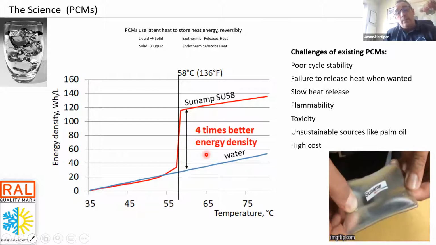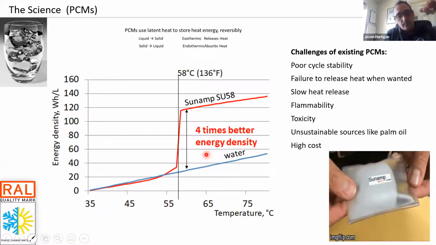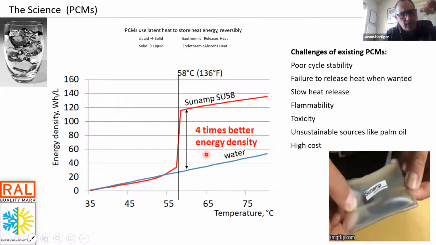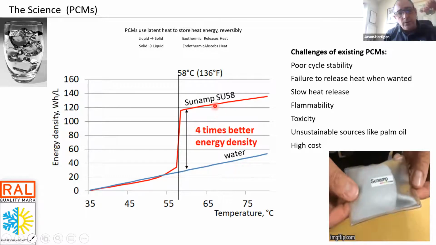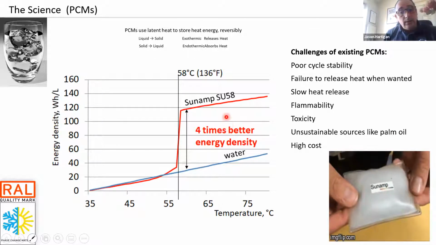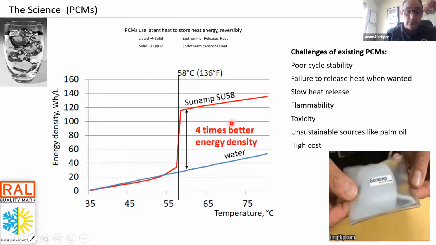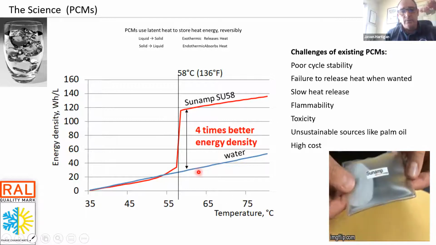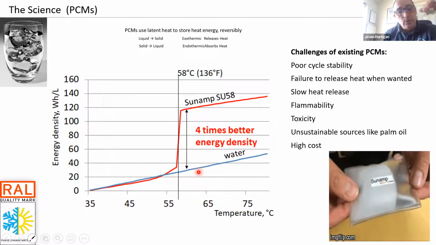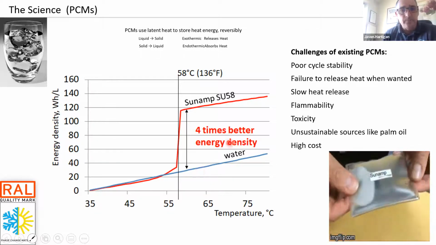For example, if you've got a 300 litre cylinder of water, you're going to have to put a lot of energy in there to get that up to a higher temperature. We can achieve the same goal in less material. So we can put the same amount of energy in 100 litres of material, but without using as much energy as you would need in water, because it's got different specific heat capacities.